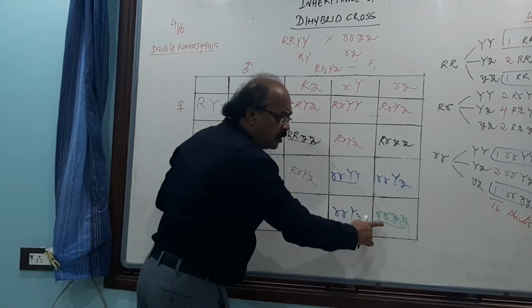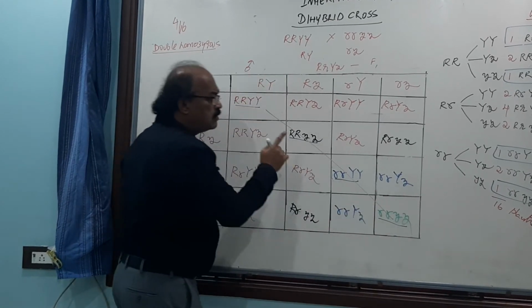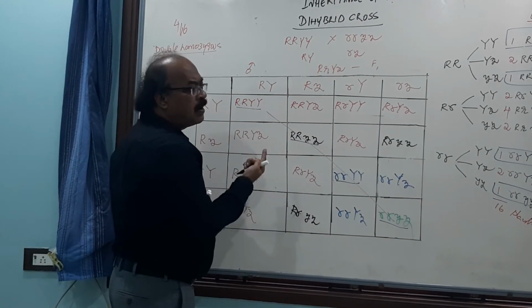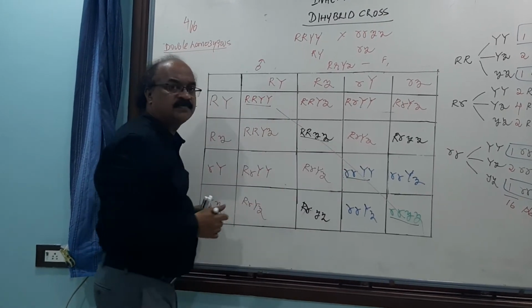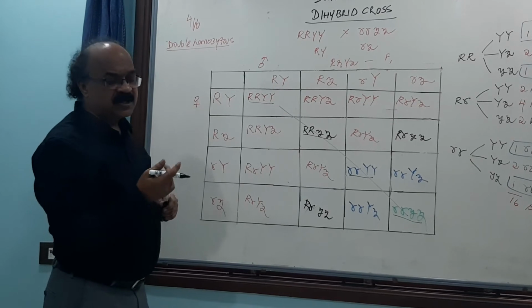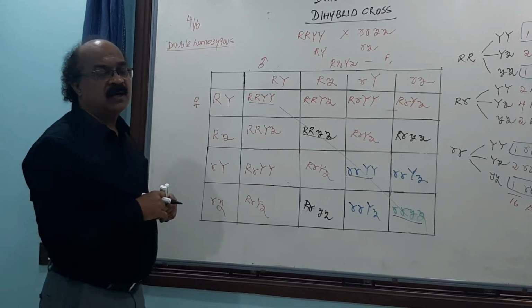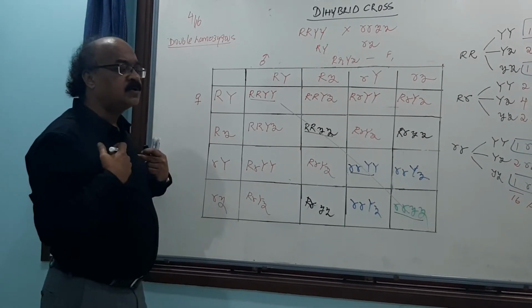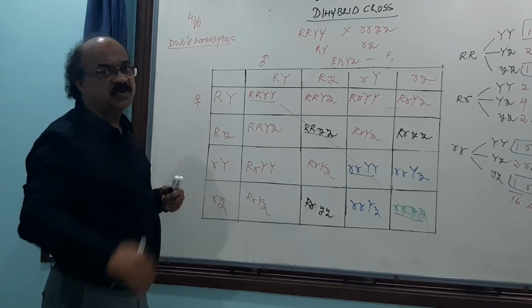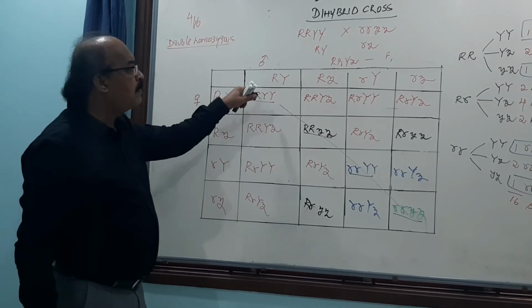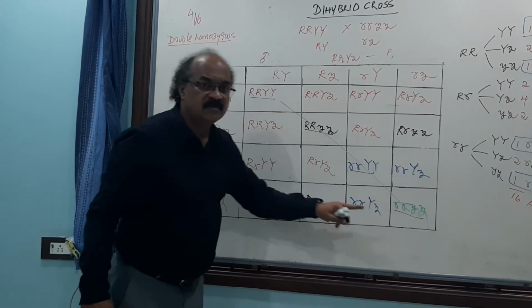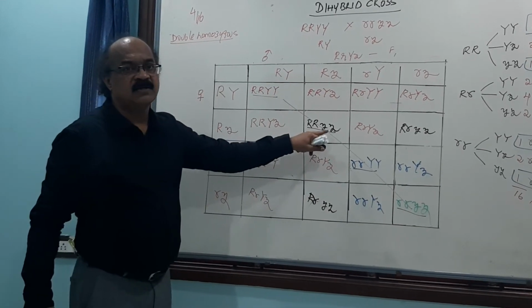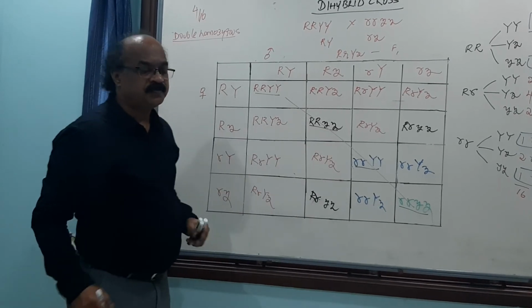Double homozygous, double recessive 1. Homozygous for one dominant and one recessive, you got 2 genotypes. So the way in which they are asking you, carefully you have to read and you have to tell. When I am asking the total double homozygous, there are 4 genotypes. Double dominant 1, double recessive 1, one dominant, one recessive, we get 2.